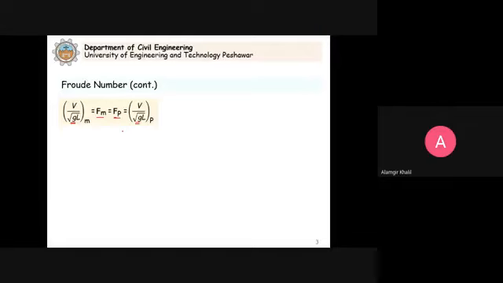Now, as I said, for a problem, when we consider the dynamic similarity, then we need to develop what is known as the scale ratios. And this is actually also a topic in this chapter because this is very important. We call it scale ratios.